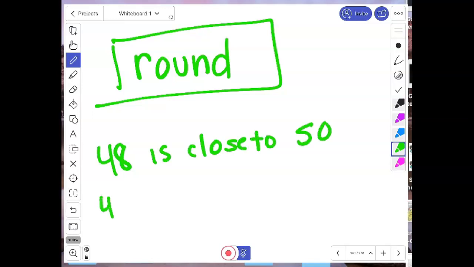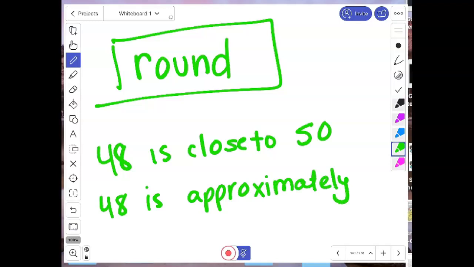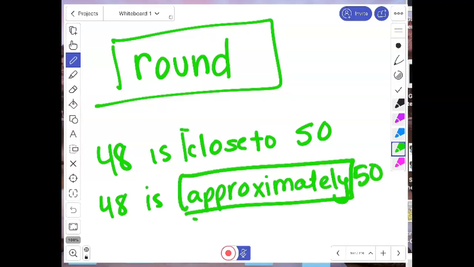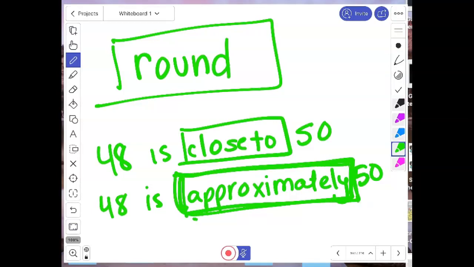I could also say 48 is approximately 50. It's a long word. Approximately just means the exact same thing as close to, or almost the same as. They're not equal, but they're almost equal. They're pretty close. So your code word for this video is approximately. It's a long one, so I suggest you write it down.